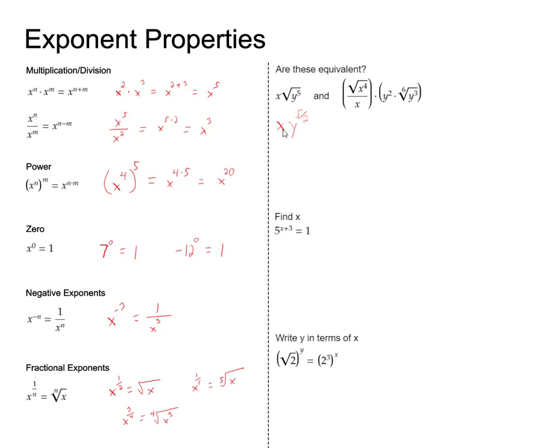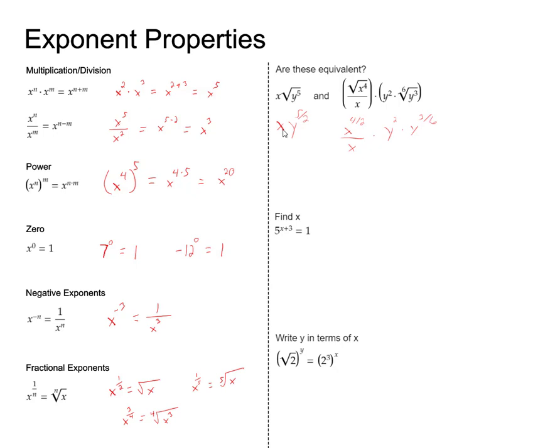Let's move on to the second expression. We have the square root of x to the 4th. So that is equal to x to the 4/2 power, and then we have that over x, and we're multiplying that times y squared times y to the 3/6 power.